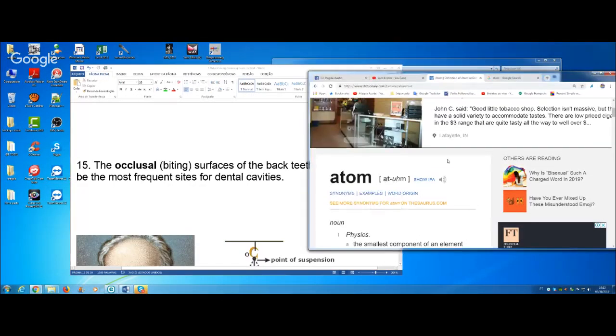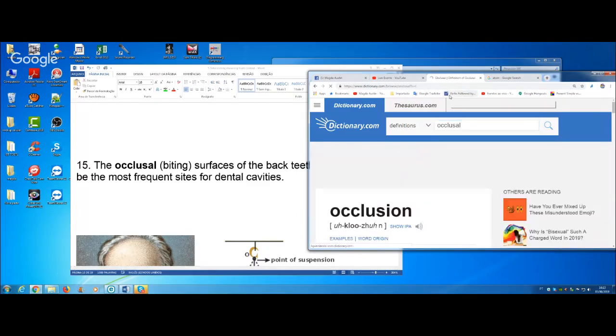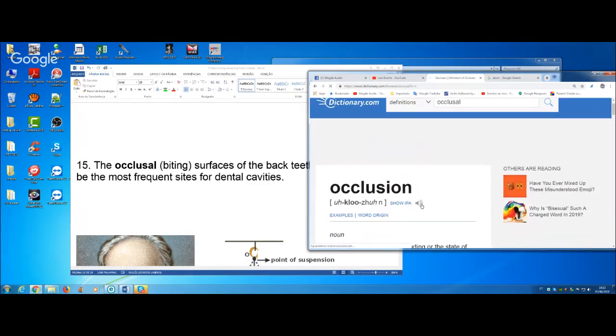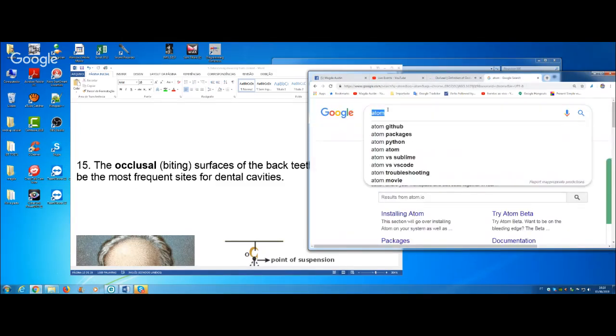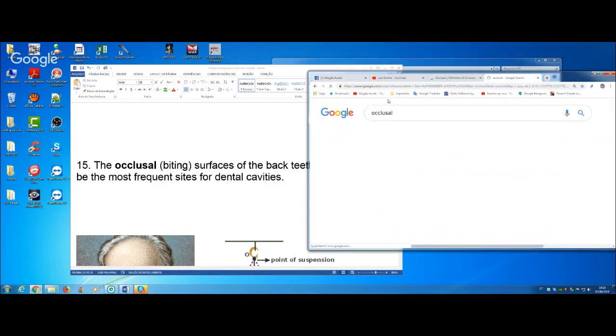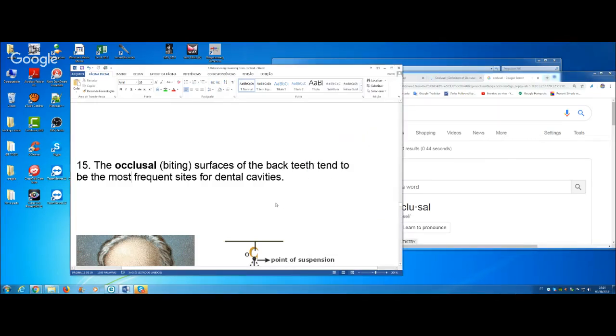He'll be here tomorrow. Occlusion. Again, they're not giving me the right word. I'm asking for this one. Occlusal. Occlusal. Pretty close.